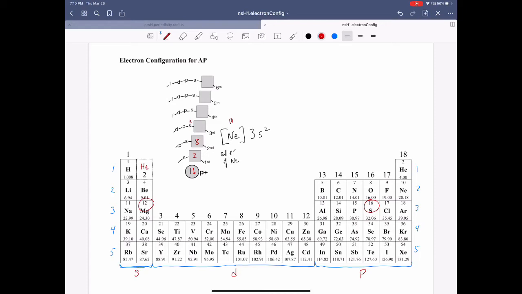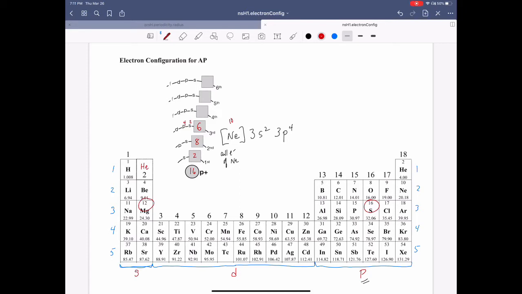And so the rest of the electrons for sulfur, of course, will end up in the 3p, and it is 4 columns across in the p block. And so we'll write 3p4. So we'll write a 4 here for a total of 6 valence electrons.